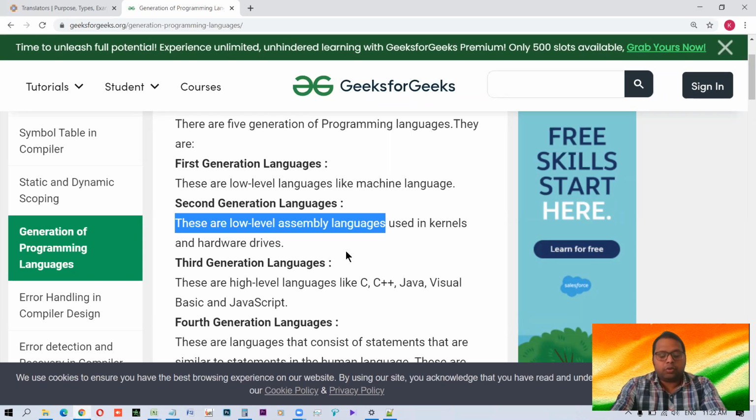So here came the concept of language translators, which we'll see in detail. The task of a language translator is to convert a language written in any language other than binary to binary. For example, it converts assembly language code to binary code so that the computer can understand. The computer does not understand assembly code directly.